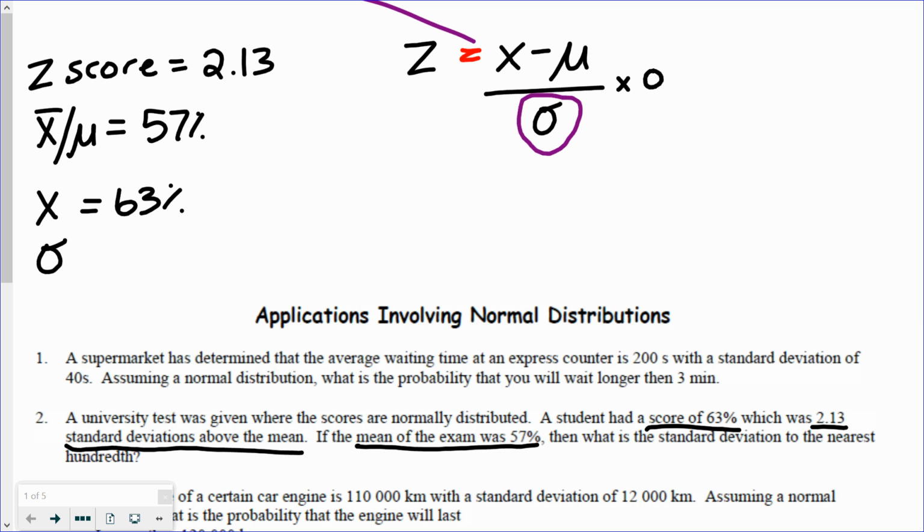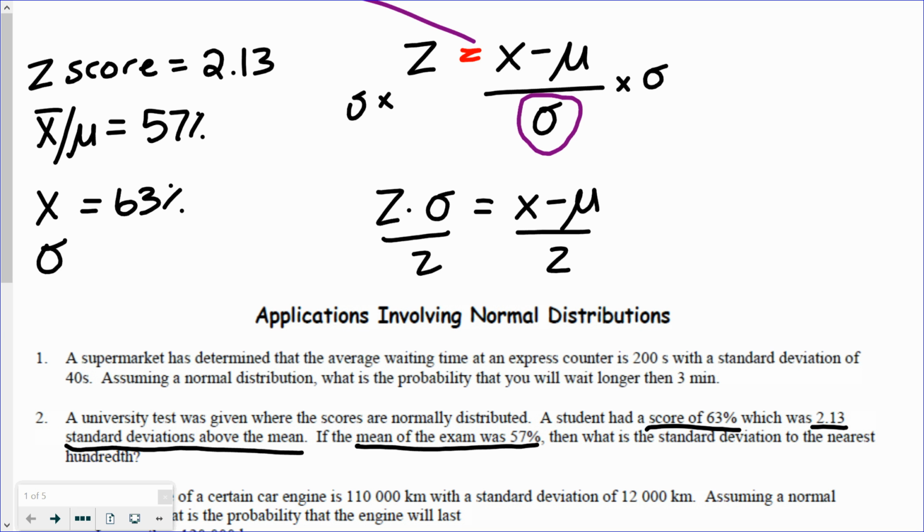So I'm going to multiply both sides by standard deviation. What you do to one side of the equation, you have to do to the other. So now I have my Z-score multiplied by standard deviation equals x minus the mean. Now I need to divide both sides by the Z-score. This gives me a formula of standard deviation is equal to the raw score minus the mean divided by the Z-score.